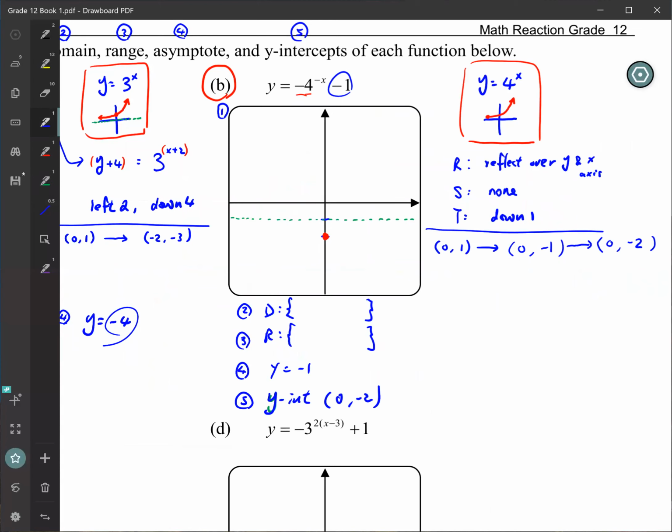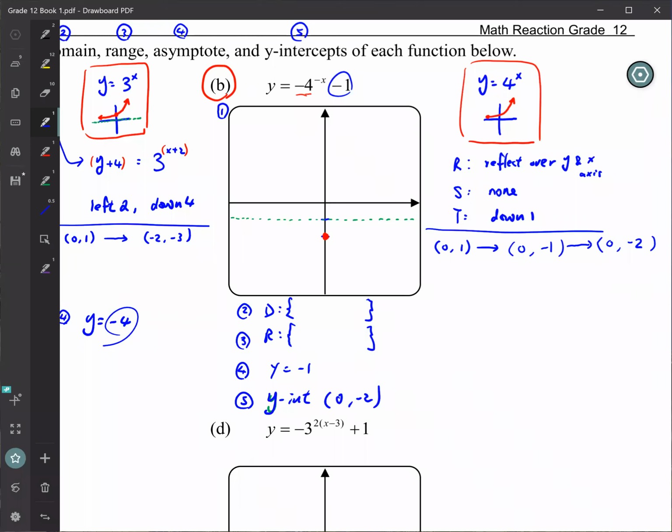Wait, for the asymptote, do you just take that second number? No, you take the moving up and down, the translation. If it's moving down 1, it will be -1. If it's moving up 1, it will be +1. Because everything else won't affect the asymptote, right?